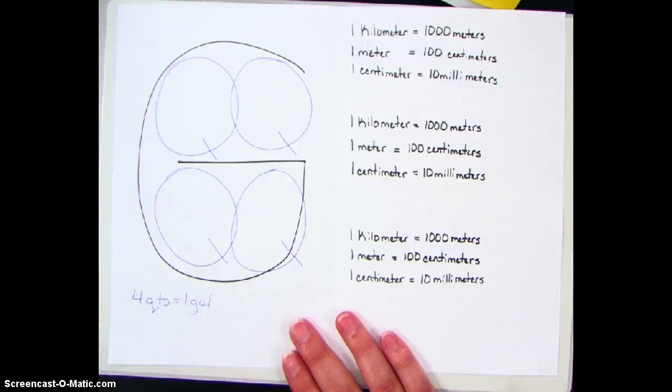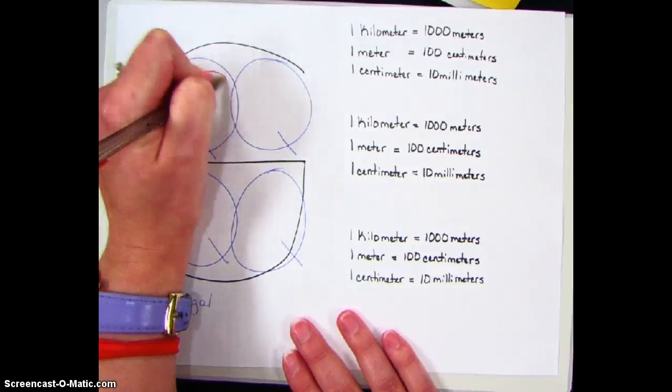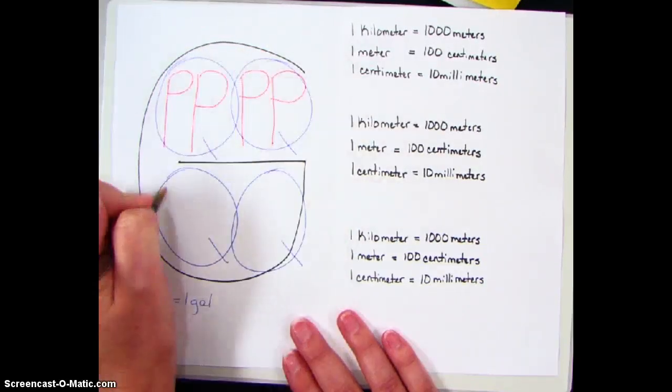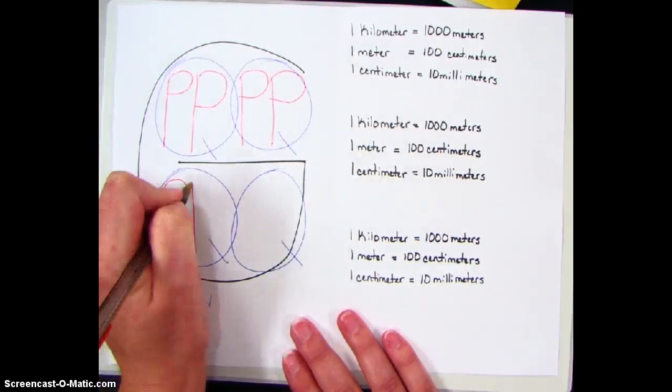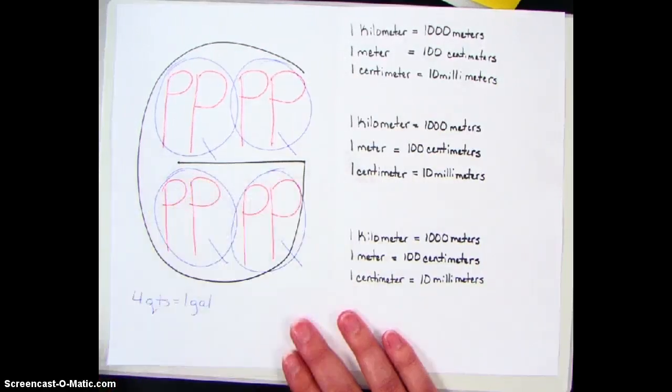Now, the second thing that we're going to look at is the fact that there are 2 pints equal to 1 quart. So I'm going to write 2 big P's inside each Q, and that's going to show us how many pints are not only in a quart, but how many pints are in a gallon.